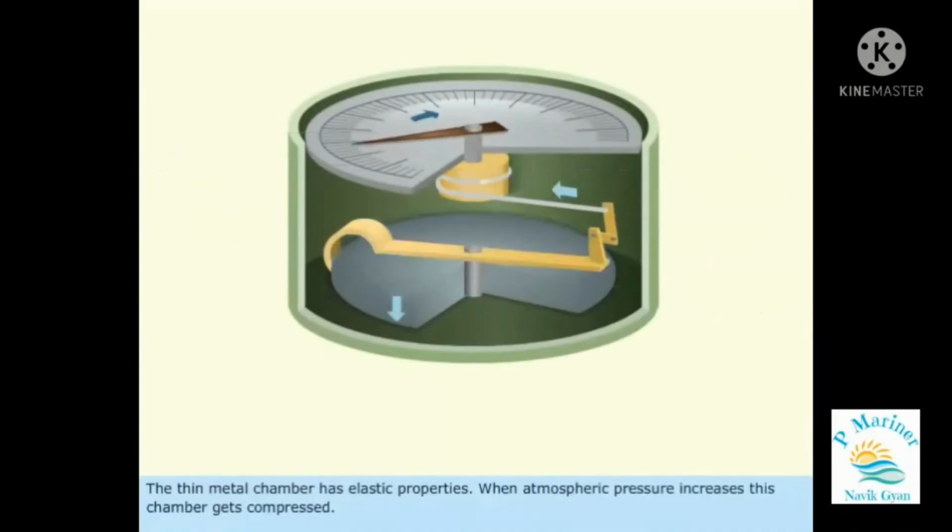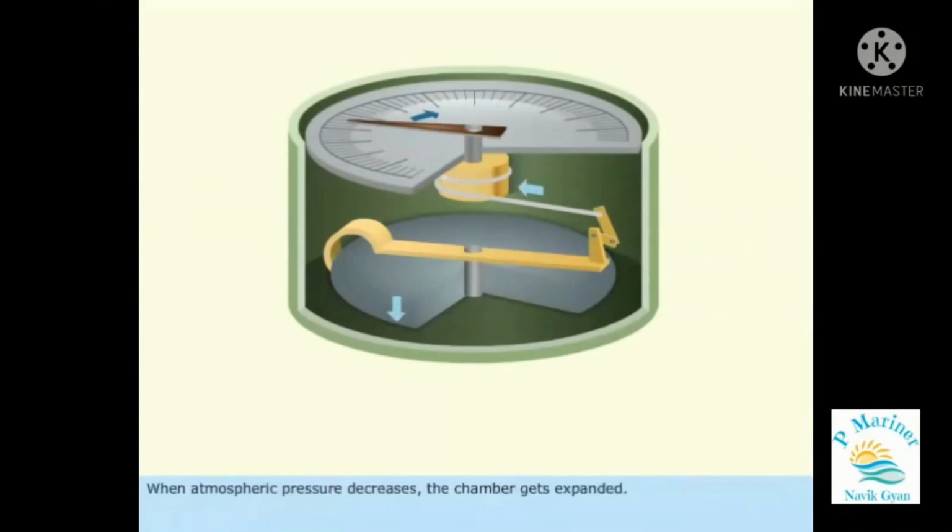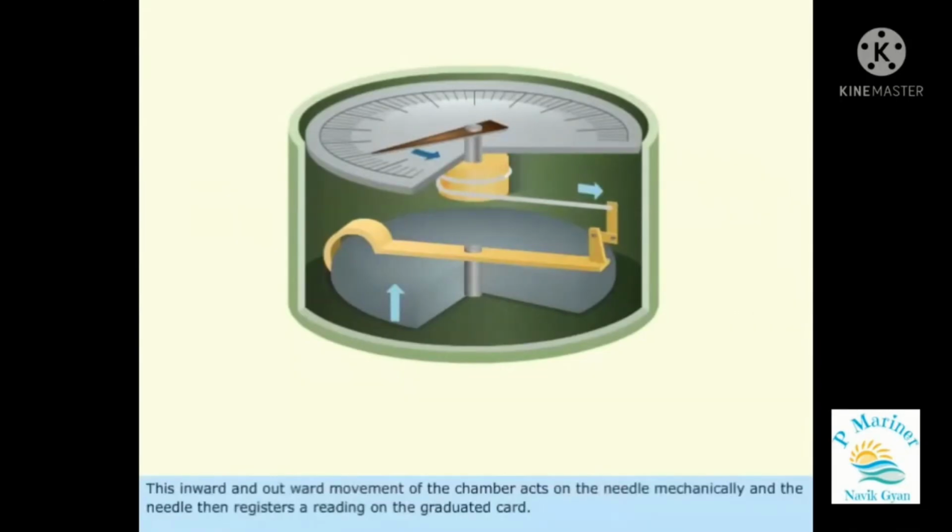When atmospheric pressure increases, this chamber gets compressed. When atmospheric pressure decreases, the chamber gets expanded. This inward and outward movement of the chamber acts on the needle mechanically, and the needle then registers a reading on the graduated card. The accuracy of the reading depends upon the size of the metal chamber. If the chamber is large, accuracy will be better.